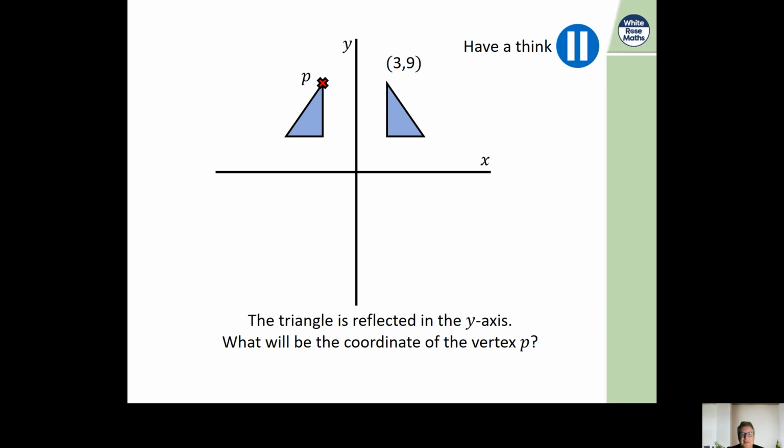And it's not on a labeled coordinate grid. So for this one, you're going to have a think, what do you remember about this? This is the X and this is the Y. How might that help?